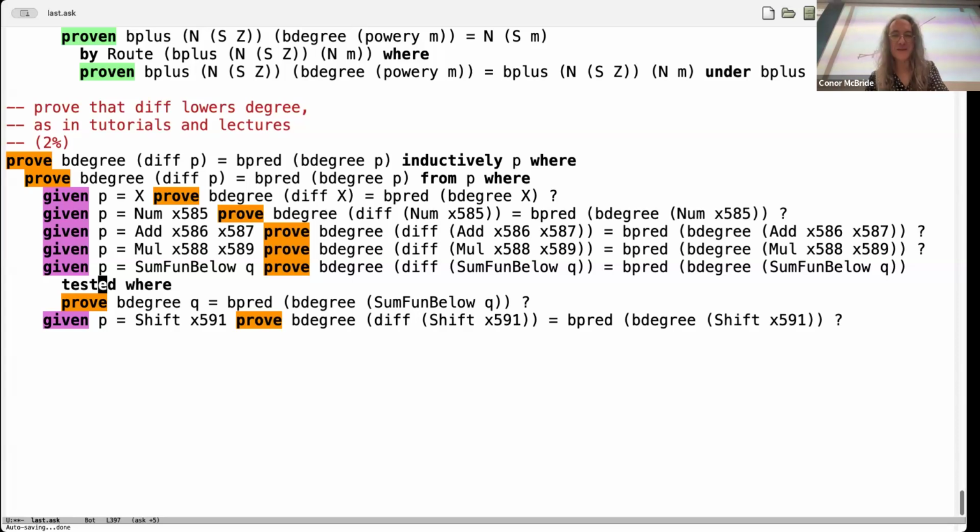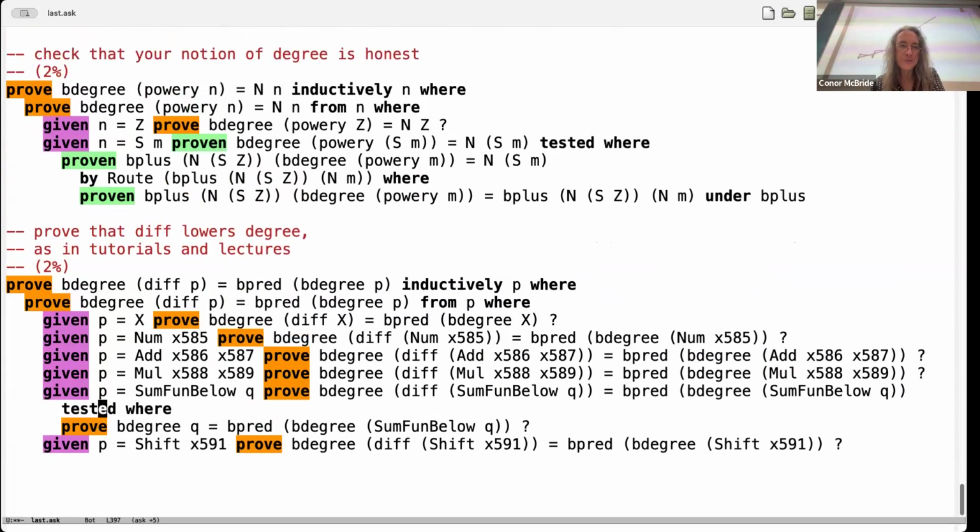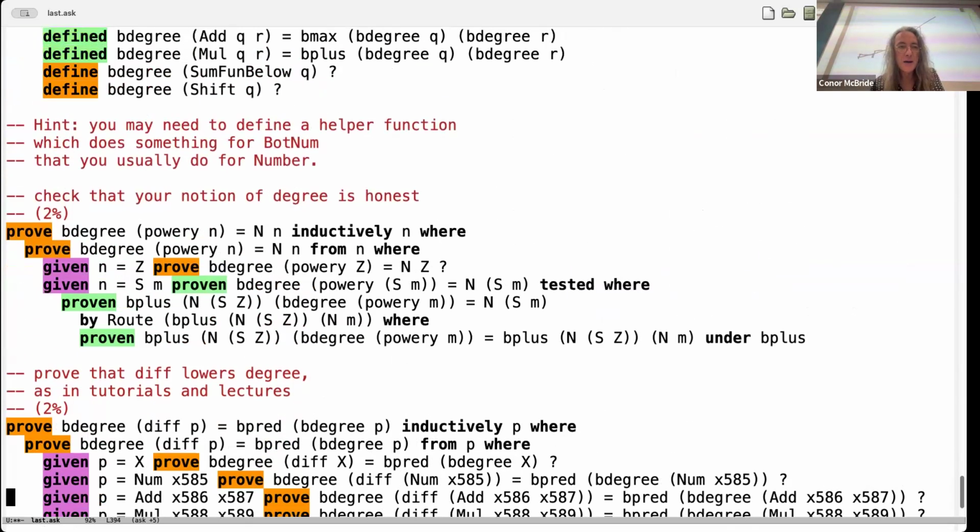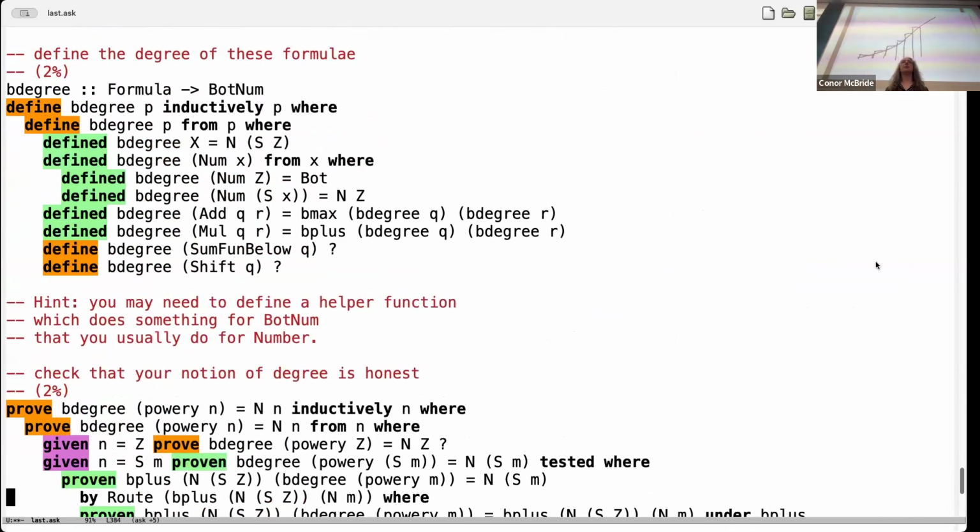It's not the right thing. So here we need to be able to compute the successor of a bottom. And some people just did that by B plussing with successor of 0, and that's cool. I was happy with that.